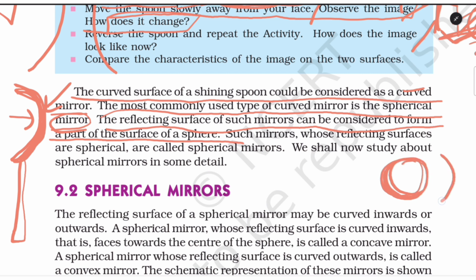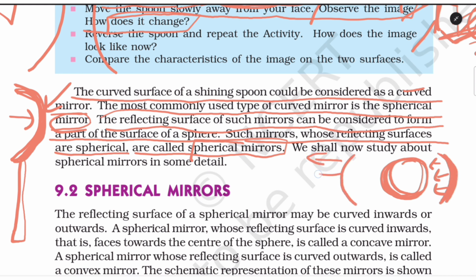If you take a small part of the sphere, it shines back. Such mirrors whose reflecting surfaces are spherical are called spherical mirrors. Any shape that looks spherical or curved is called a spherical mirror.